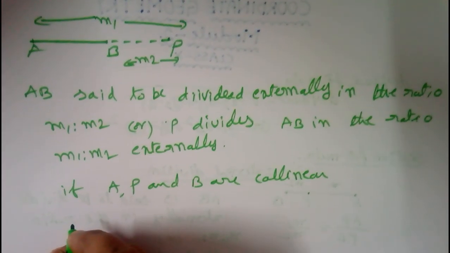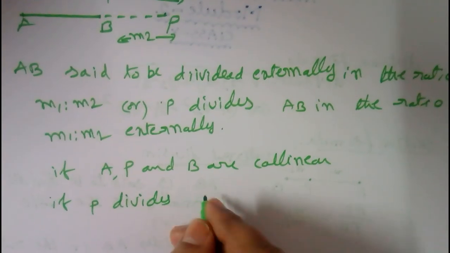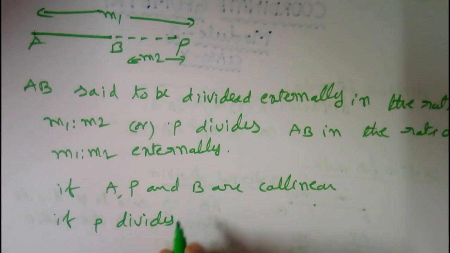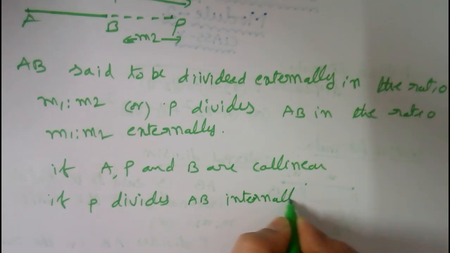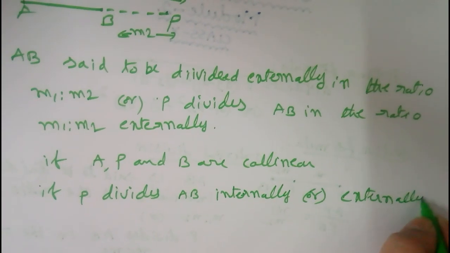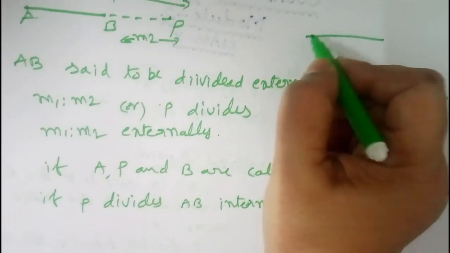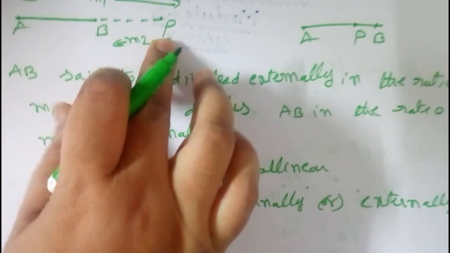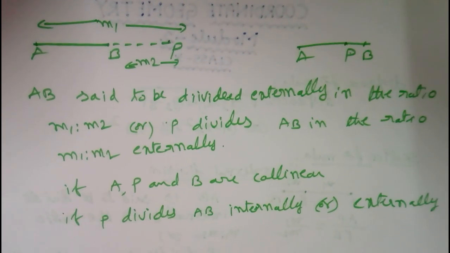If P divides AB internally or externally, if A, B, P are collinear, we can say that P divides the line segment AB either internally or externally.